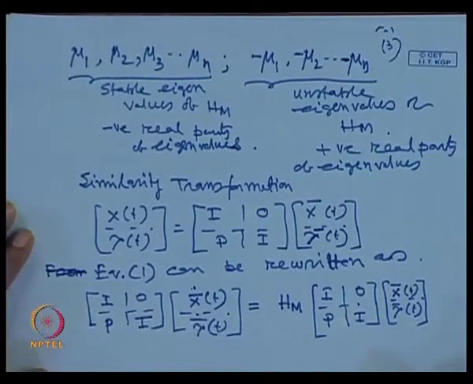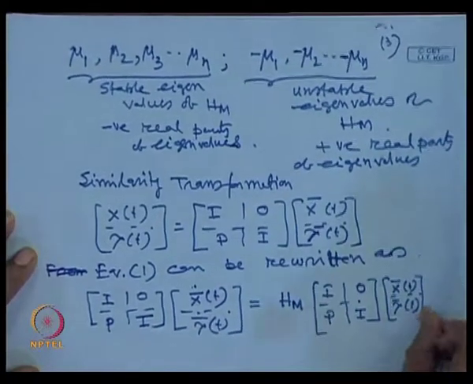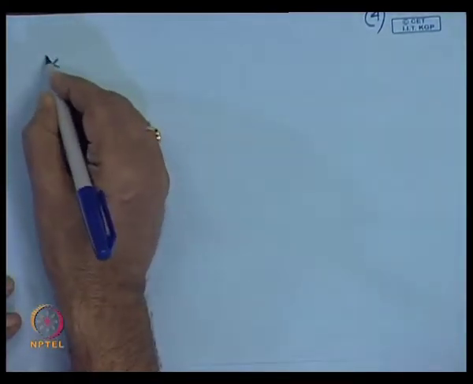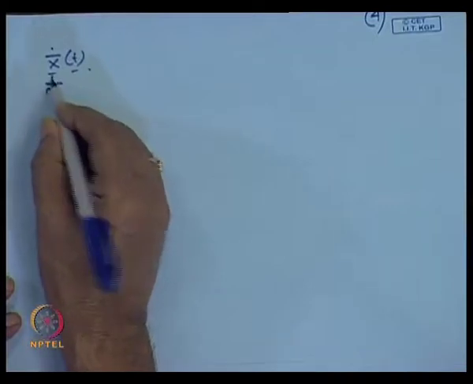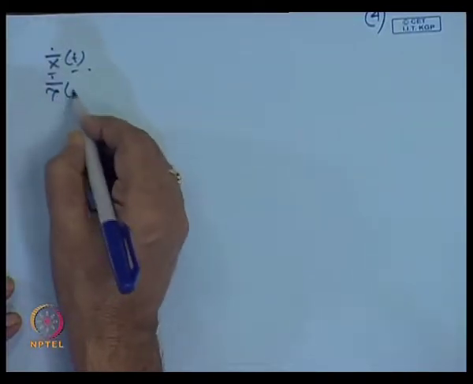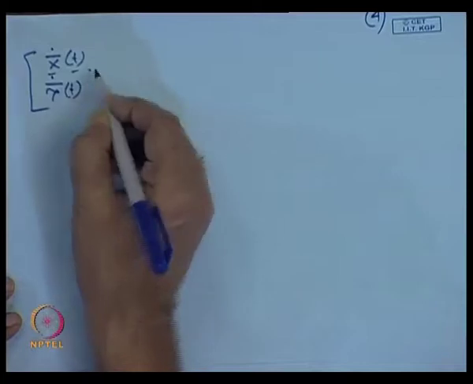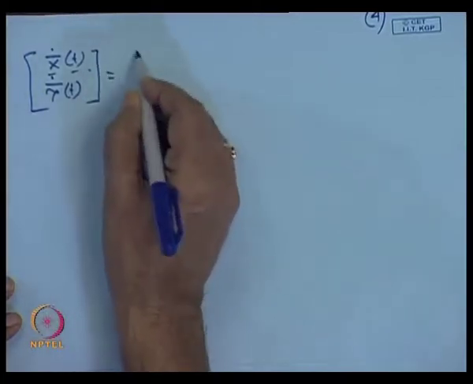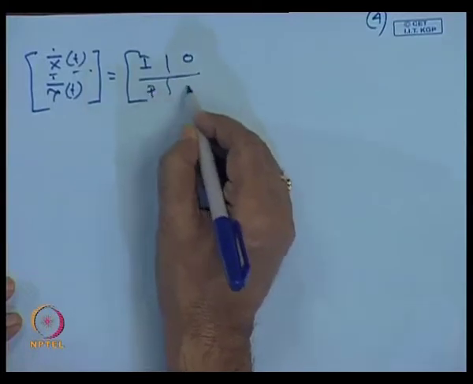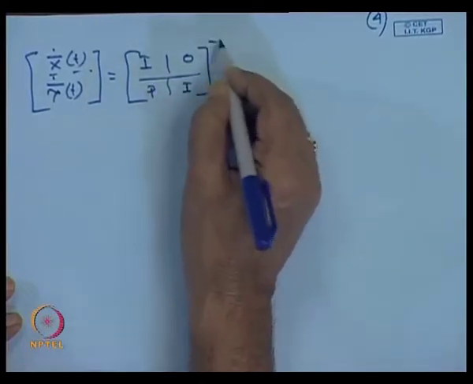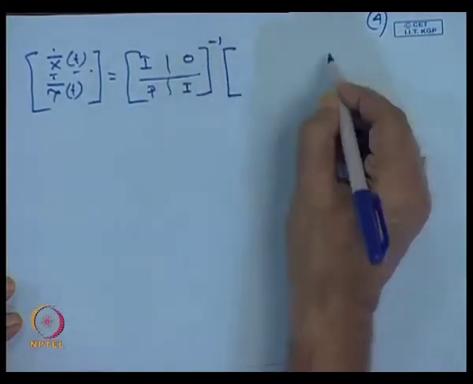So, what is H m? We know the H m expression. Then we can write the left-hand side, x bar of t augmented with lambda bar of t, equal to I, 0, P, I whole inverse, then our Hamiltonian matrix.